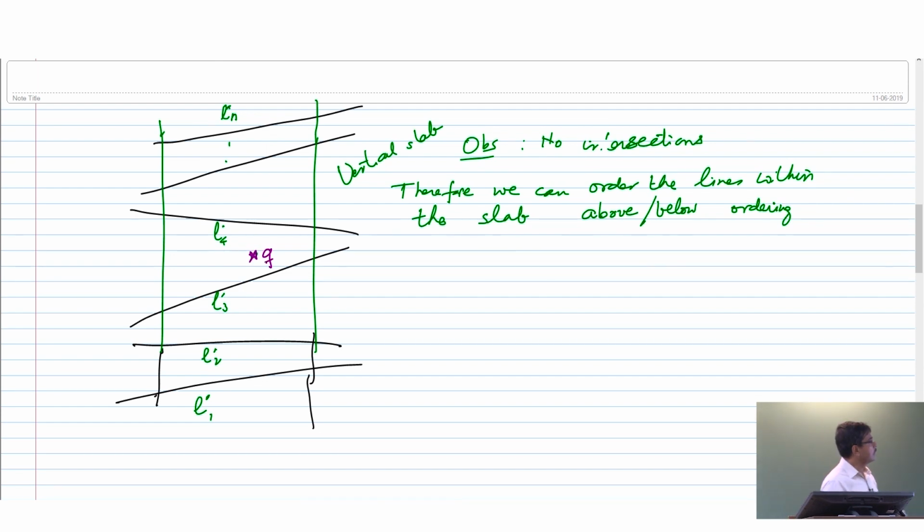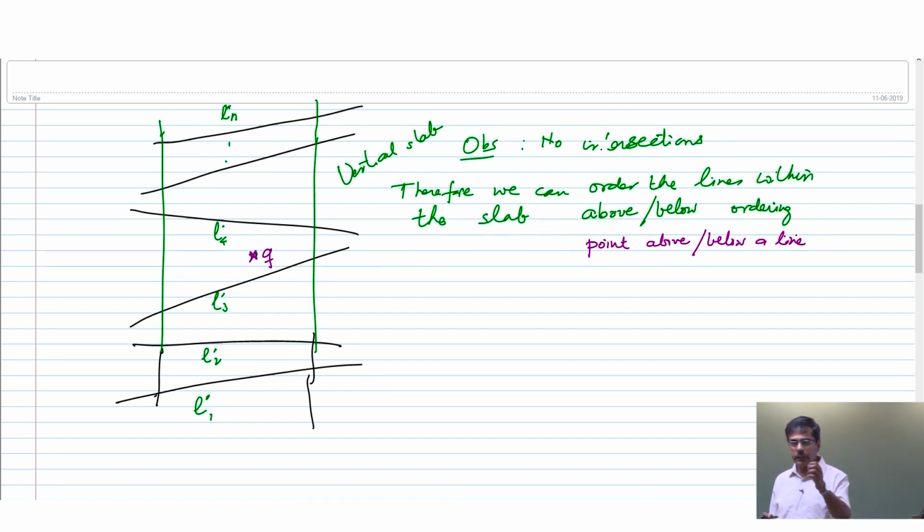I will take these lines and put them in a different data structure, and do a binary search. We look at the middle line: is Q below this? If yes, then Q must be occurring here, and again I do an above-below test. The above-below test checks whether a point is above or below a line, and I am sure you know, using your coordinate geometry, how to do that.